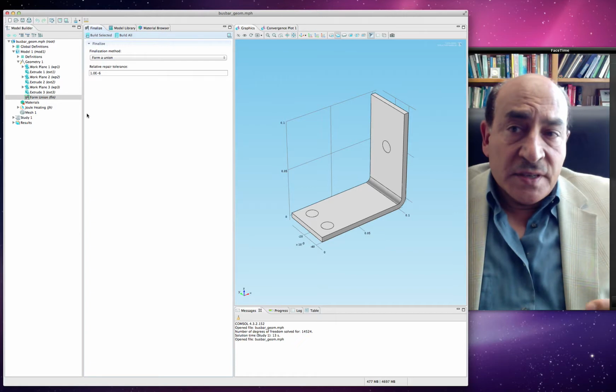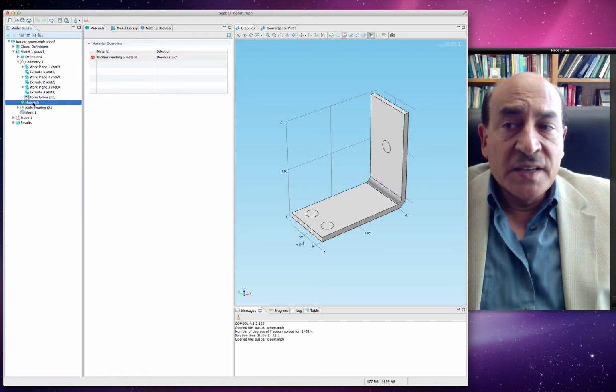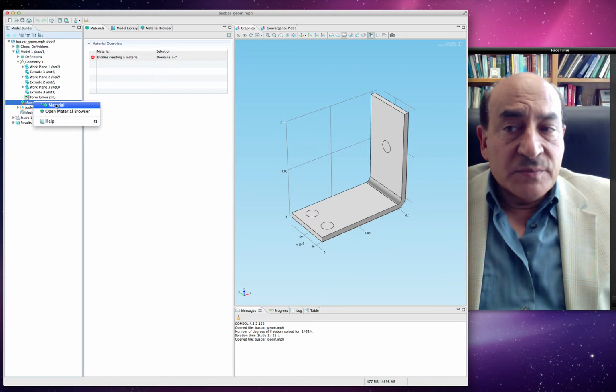So the first aspect of this, the additional subnode in the model that we have to always be cognizant of, is materials. So we have to add materials. If we go to the node of the materials, then we right click, then we can add material, or we can choose it from the browser.